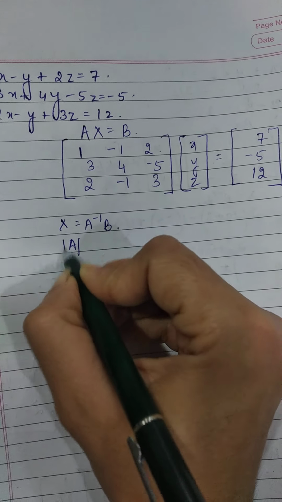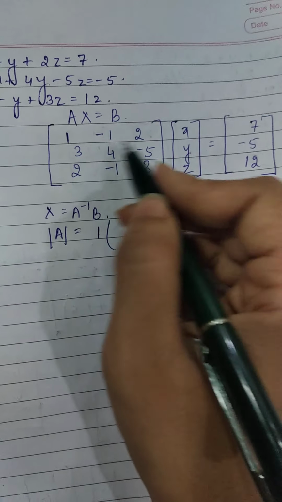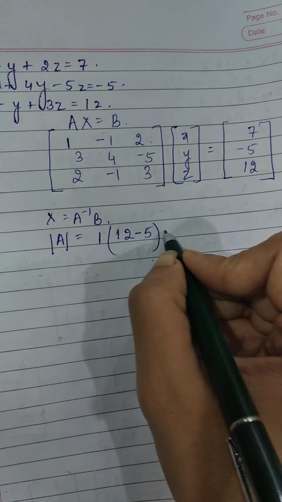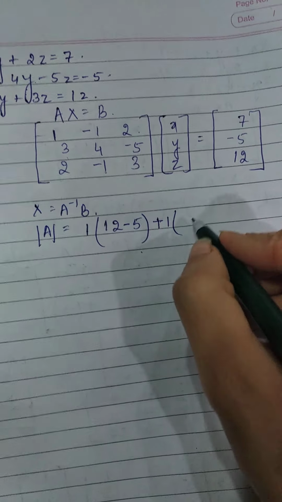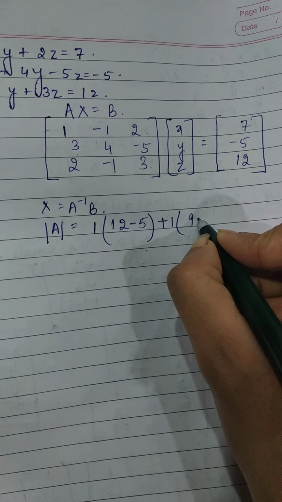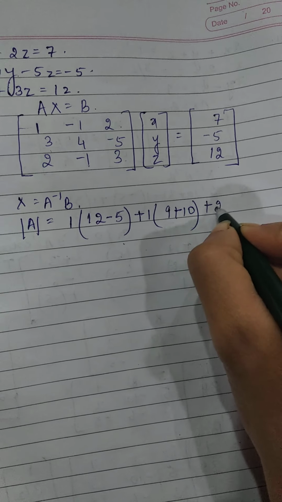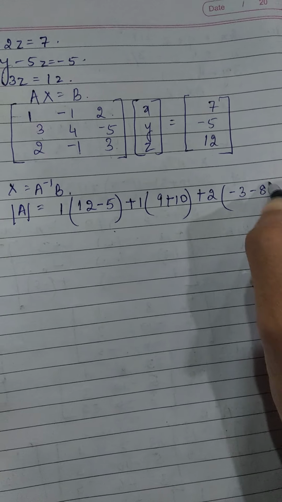Let's find out the determinant value. Expanding along R1, we have 1 times (12 minus 5), minus minus 1, which is plus 1, times (9 minus 10), that's plus 10, plus 2 times (minus 3 minus 8).